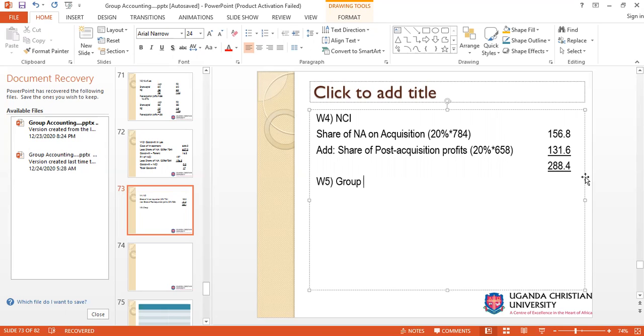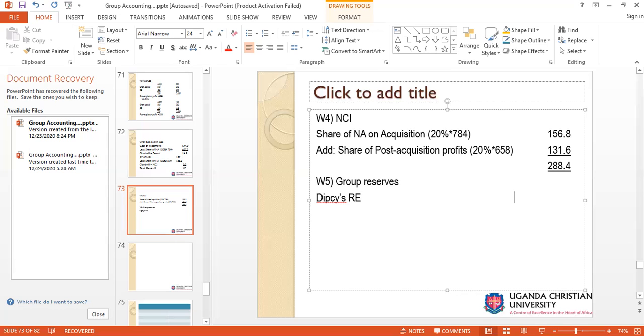Reserves. That is working number 5. And from the format I gave you, group reserves comprises parent reserves to date, that is DIPSE's retained earnings.